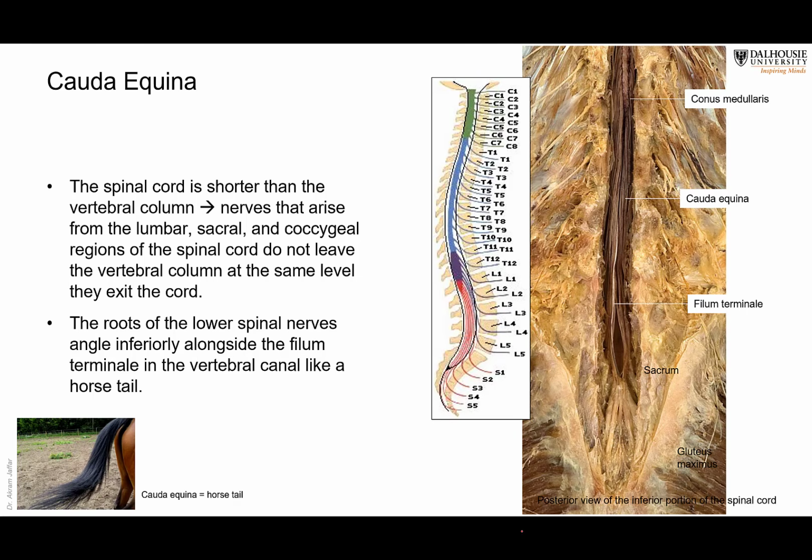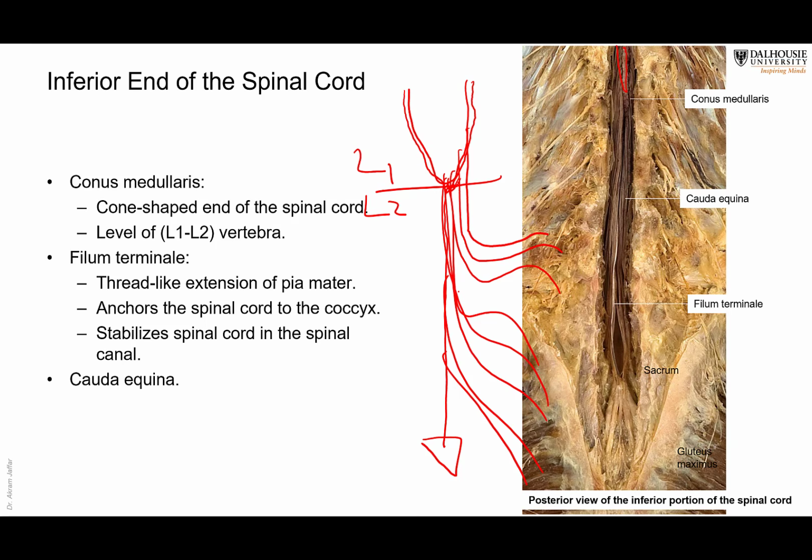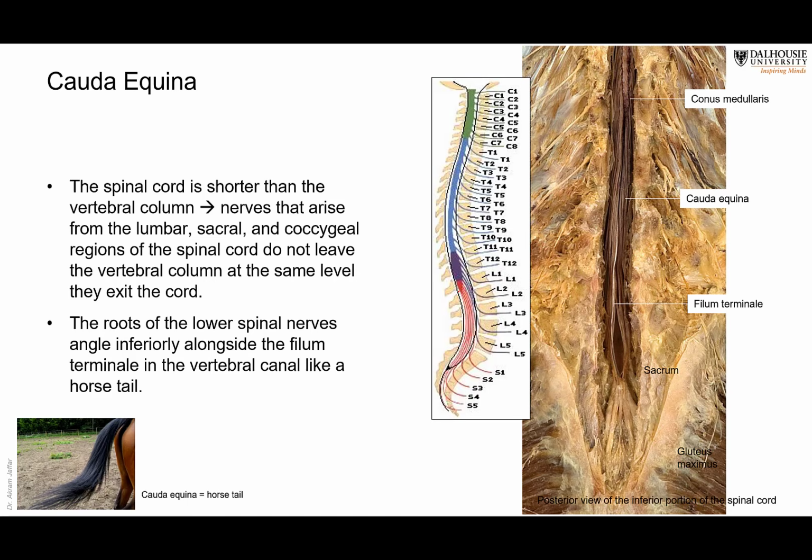We have only roots of spinal nerves plus the filum terminale, and this is called the horse tail, the cauda equina. Cauda means tail, caudal, to the tail side, and equina, like from equestrian, something related to horse. So cauda equina. These are the roots of the spinal nerves below L1.